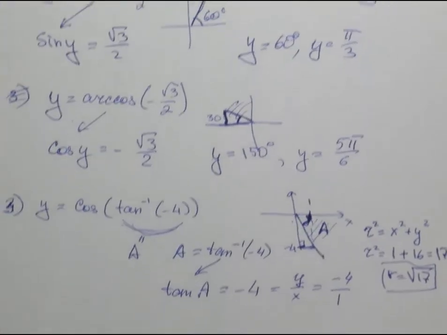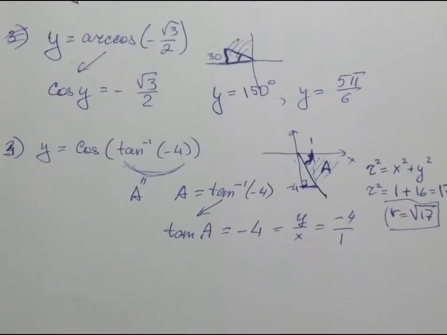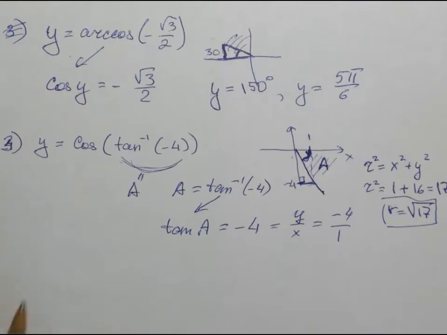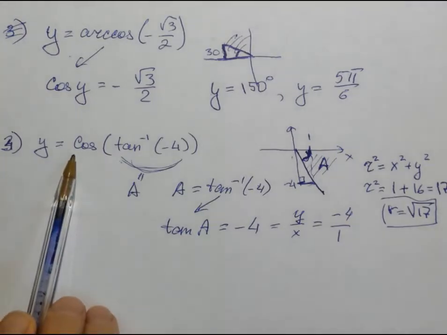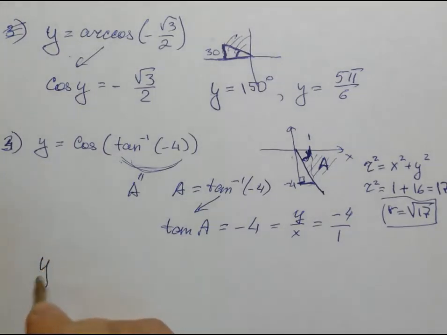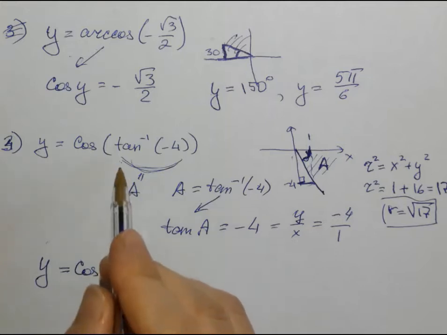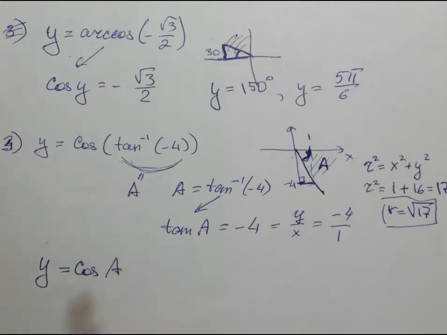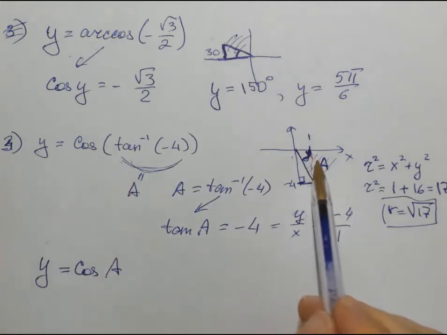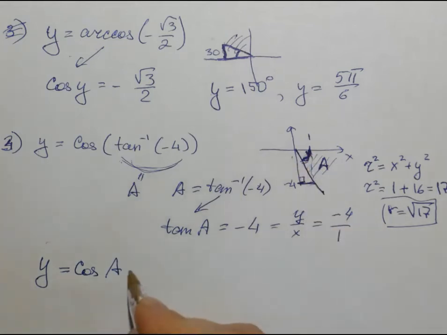Now, let us return to our original problem. We want to find cosine of A. So this y that we have in this problem is the cosine of the angle that we called A. This is the sketch of this angle.